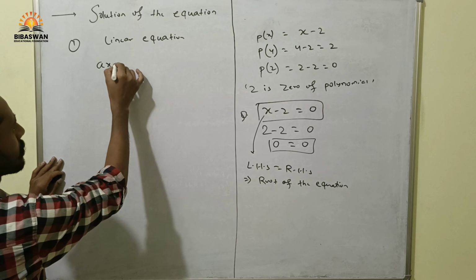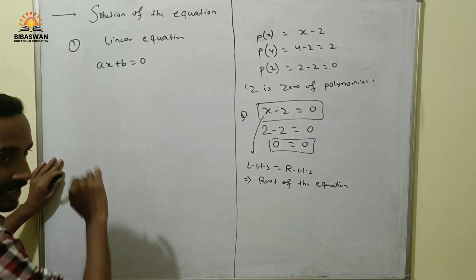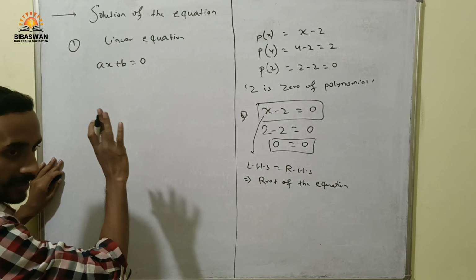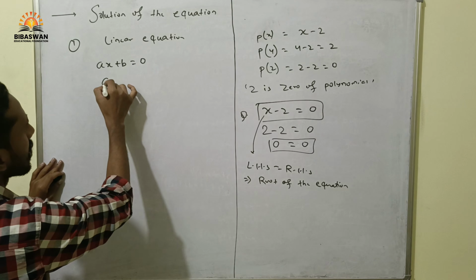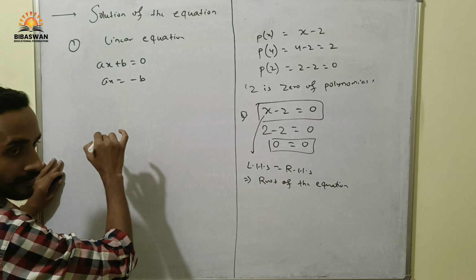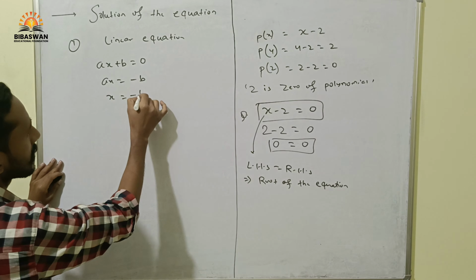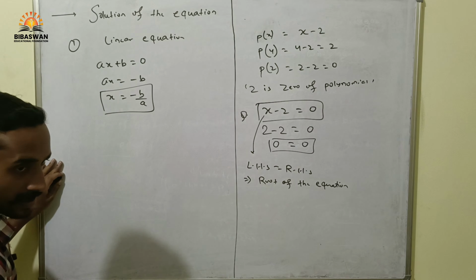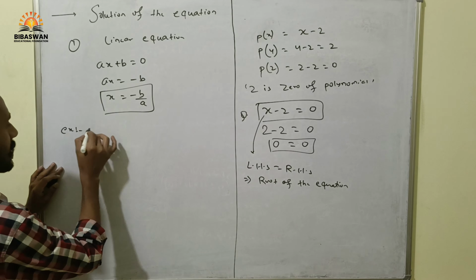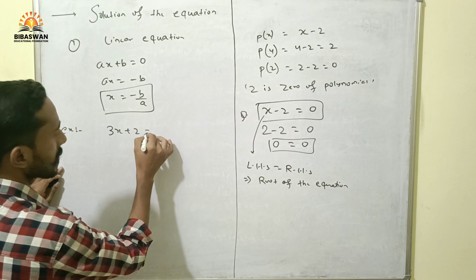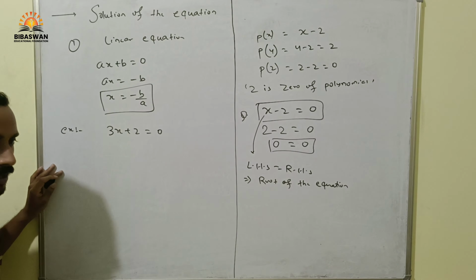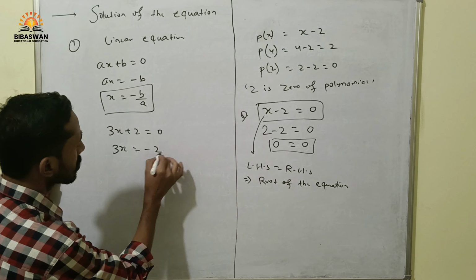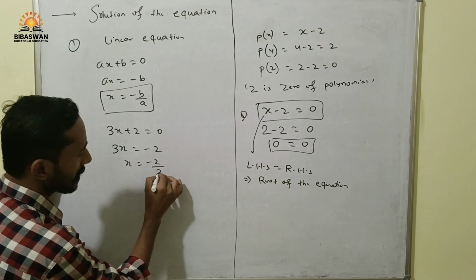Let us assume ax plus b is equal to 0. This is a linear equation, and we have to find the value of x that satisfies it. Then ax is equal to minus b and x is equal to minus b by a. So minus b by a is the solution. With an example, let us suppose 3x plus 2 is equal to 0. We have to find the solution. 3x is equal to minus 2, x is equal to minus 2 by 3.